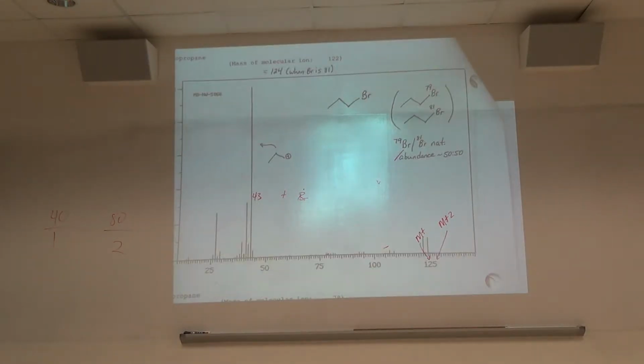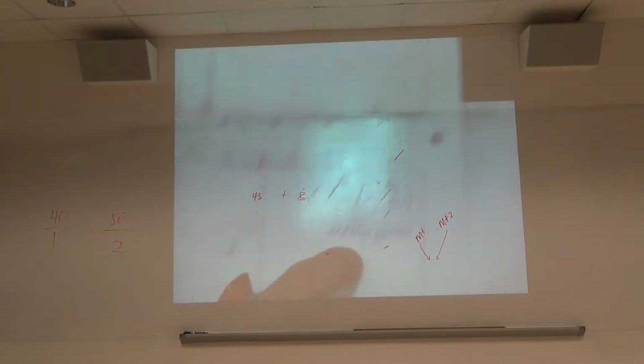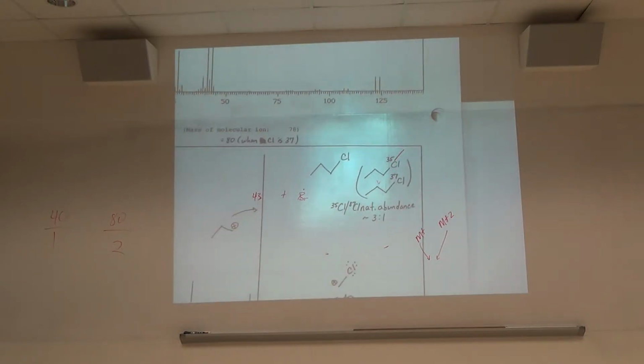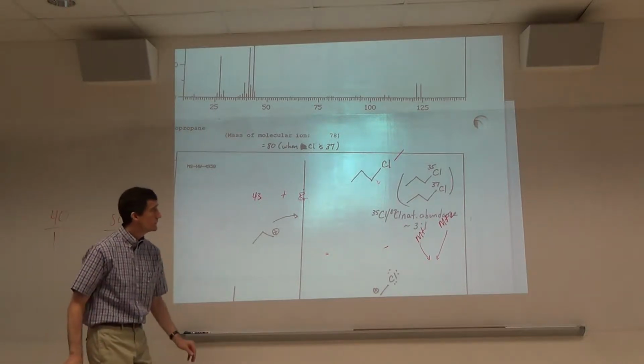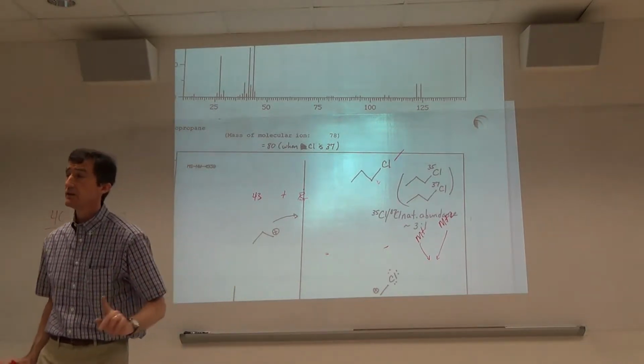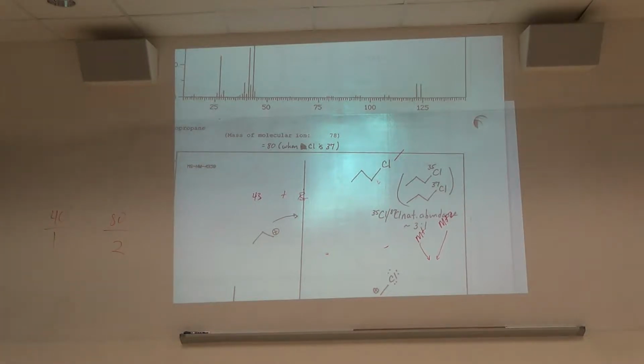Down below, we have an example of chlorine. Chlorine has two major isotopes, 35 and 37. What's their ratio? 3-to-1. Not 1-to-1, but 3-to-1. So one is 75% and one's 25%.